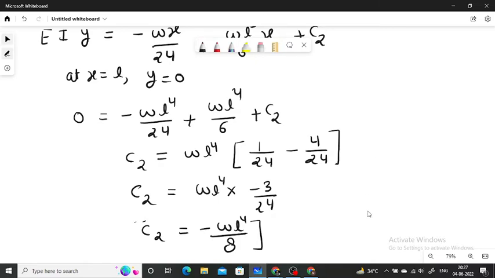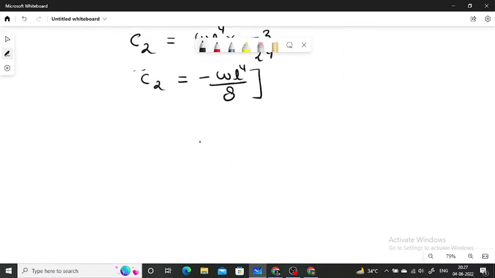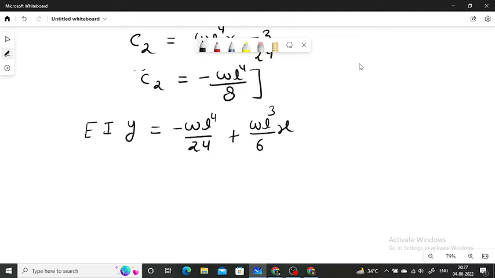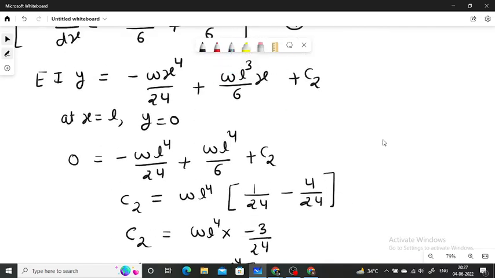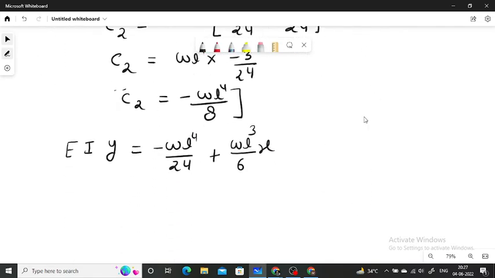Now the deflection equation will be EI into y is equal to minus wx to the power 4 upon 24 plus WL cube upon 6 into x minus WL to the power 4 by 8. Okay.